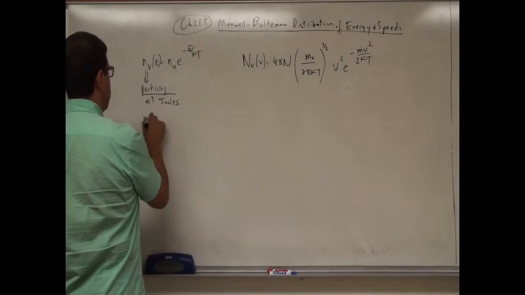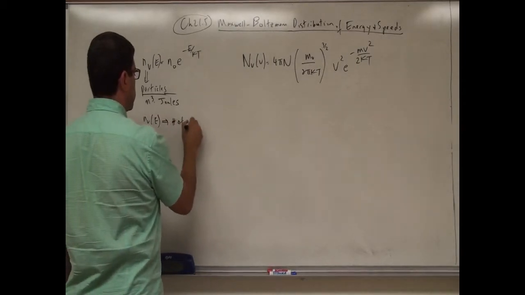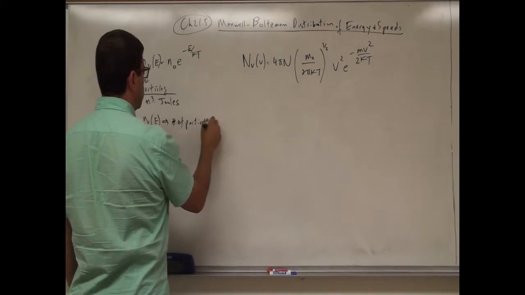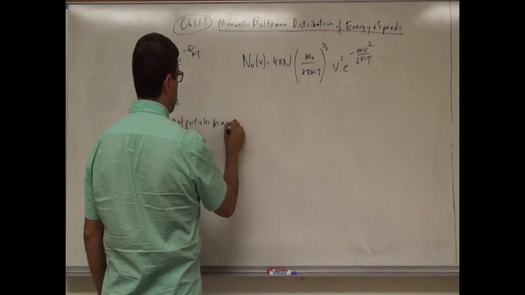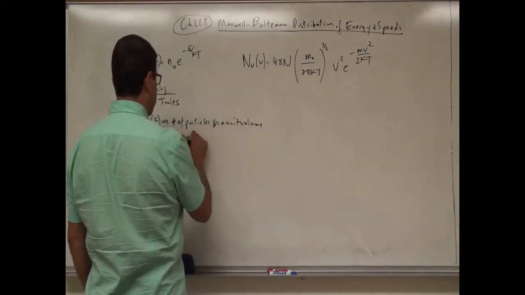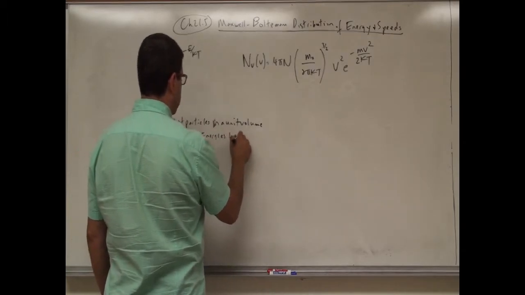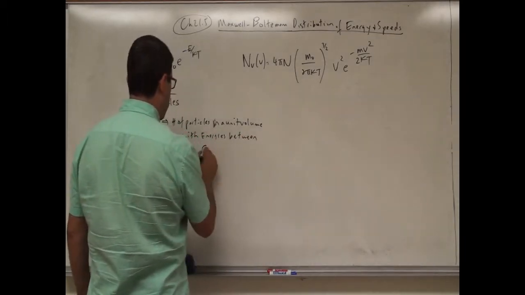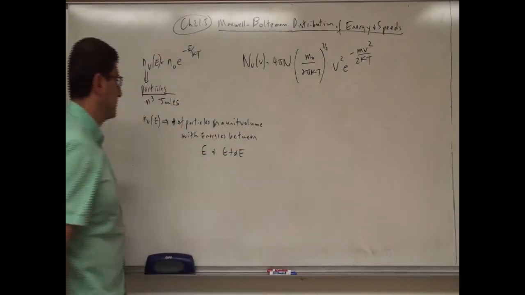So N_V(E) measures the number of particles in a unit volume with energies between E and E plus delta E, right?